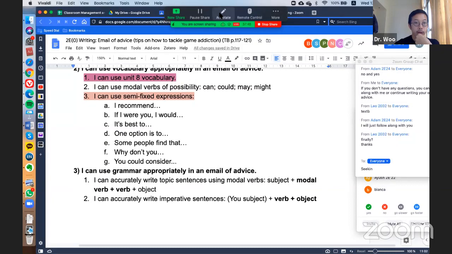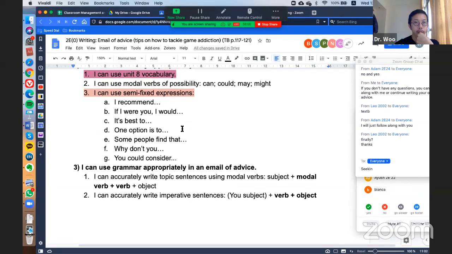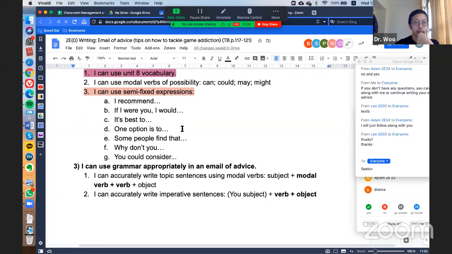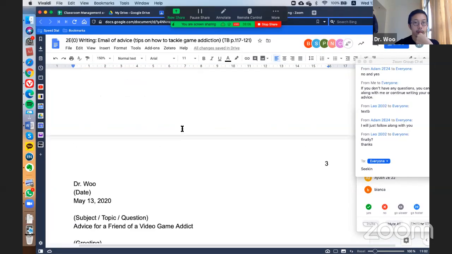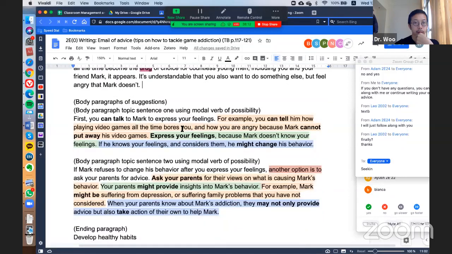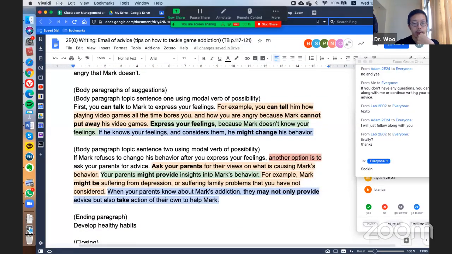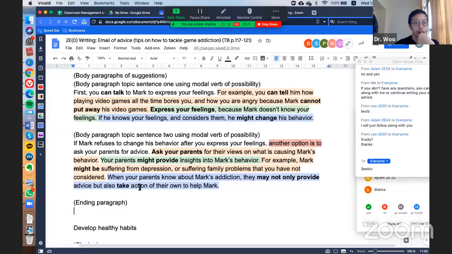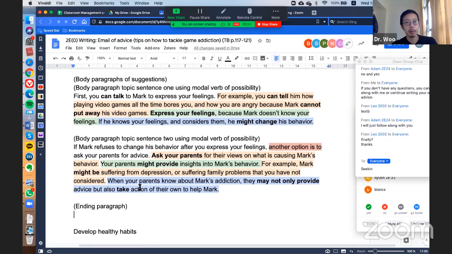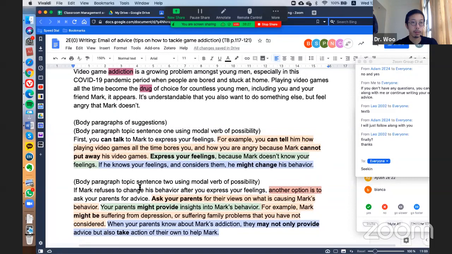Okay, let me see if I can use some vocabulary and semi-fixed expressions.